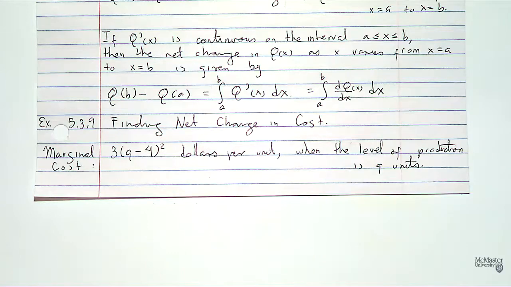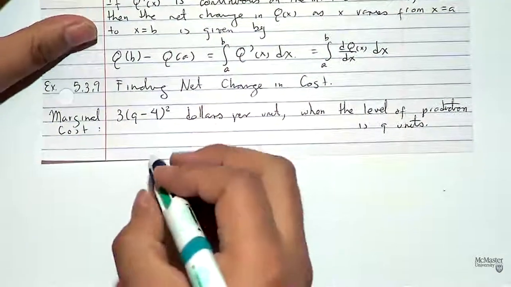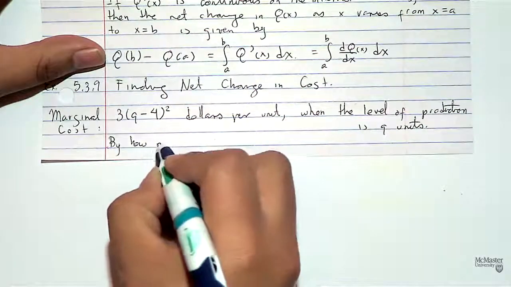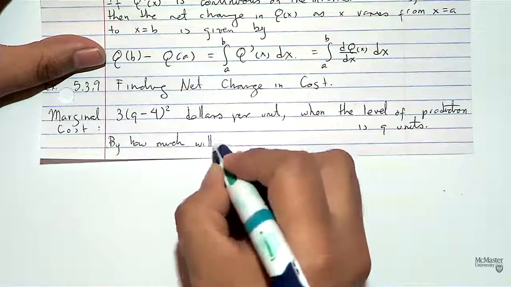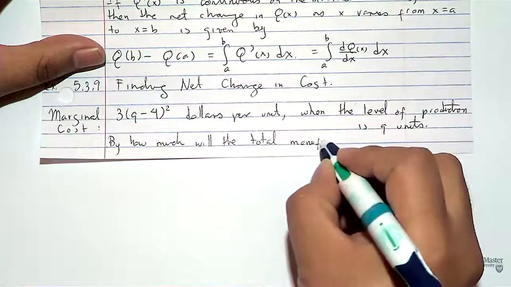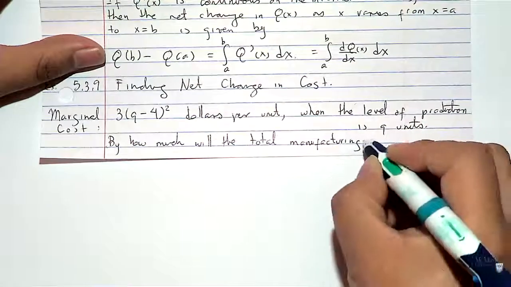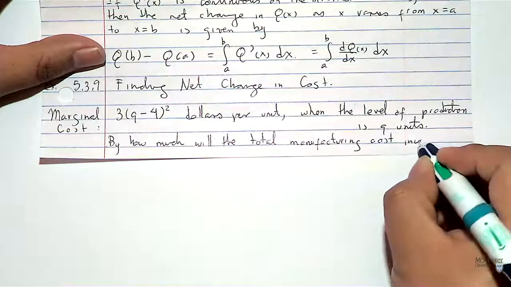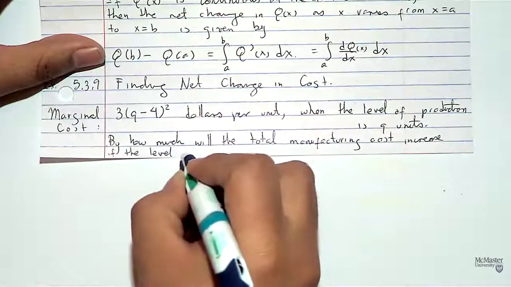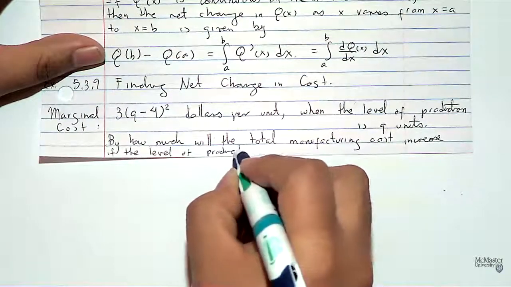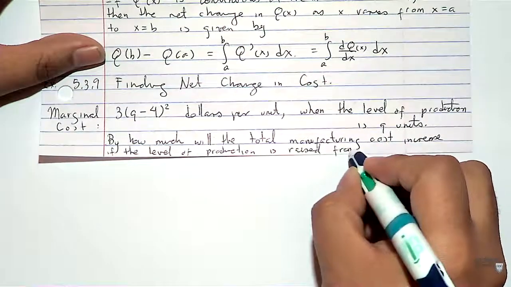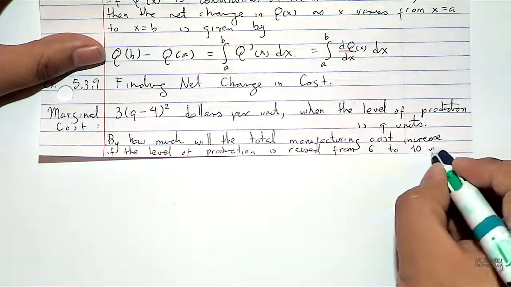So what we want to obtain in the following statement is: by how much will the total manufacturing cost increase if the level of production is raised from 6 to 10 units.